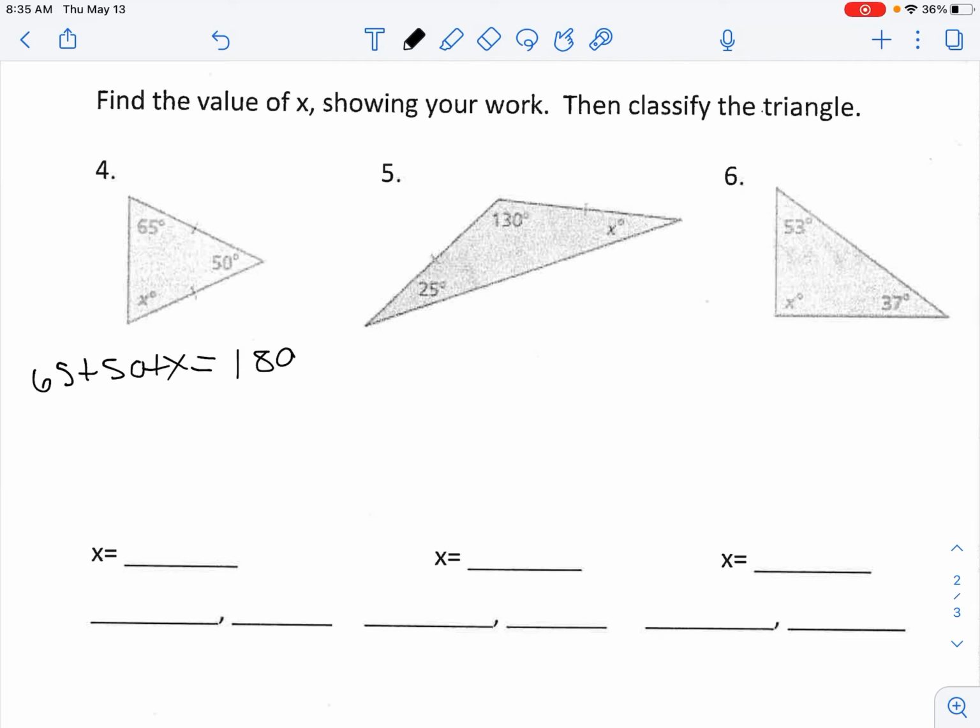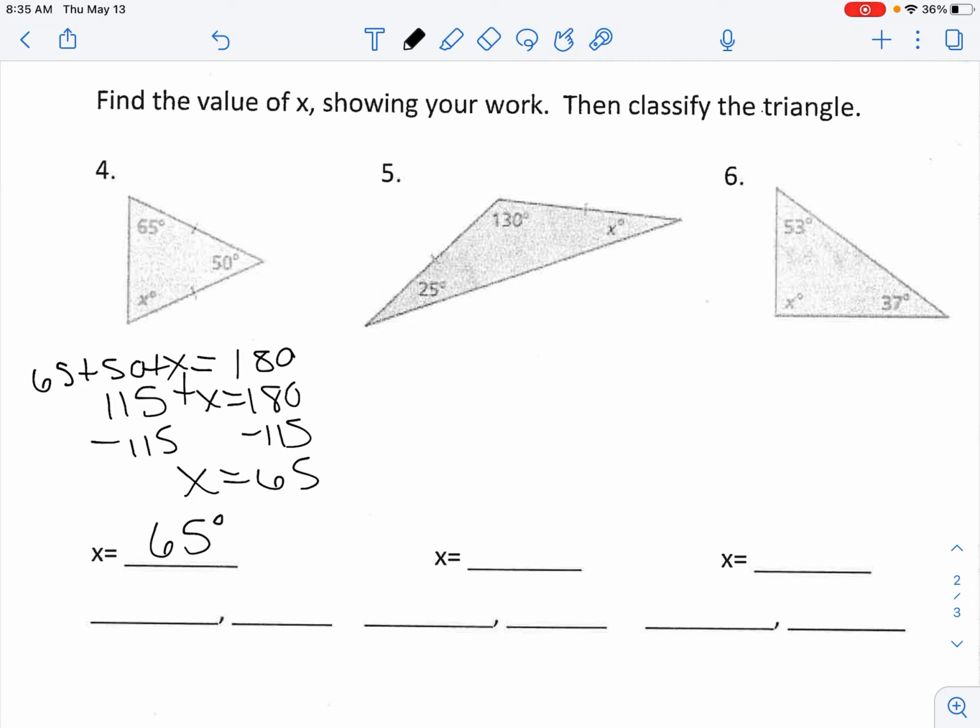Now I'm going to combine like terms. So 65 and 50 is 115 plus x equals 180. Subtract 115 from both sides. X equals 65. So x equals 65 degrees.